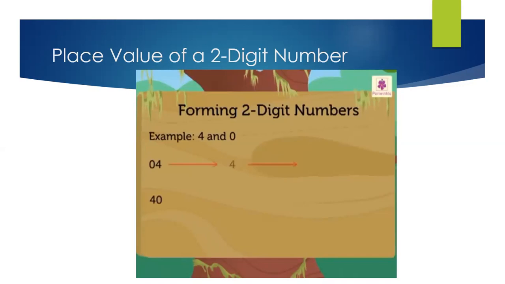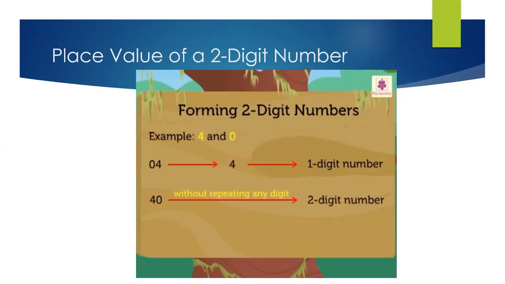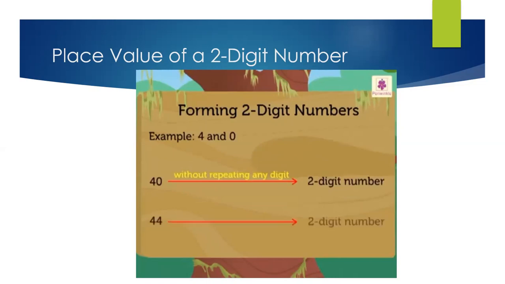But 04 is the one-digit number 4. So, 40 is the only two-digit number formed by digits 4 and 0 without repeating any digit. We can also form one more two-digit number, that is number 44, by repeating the digit. Hence, we can form only two two-digit numbers with the digits 4 and 0, and those are 40 and 44.